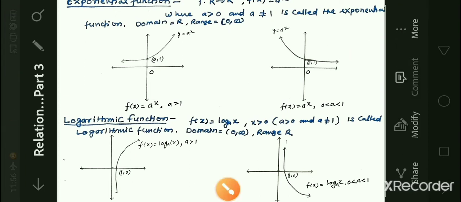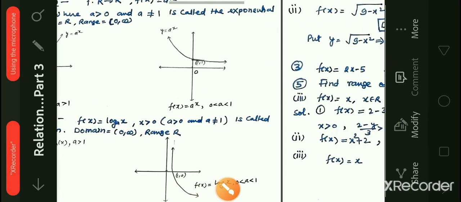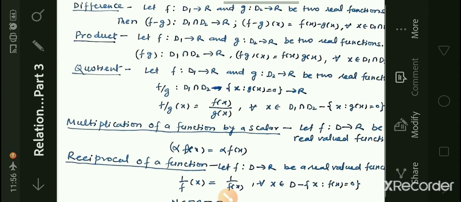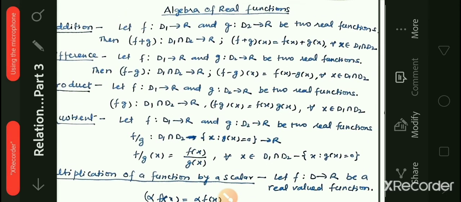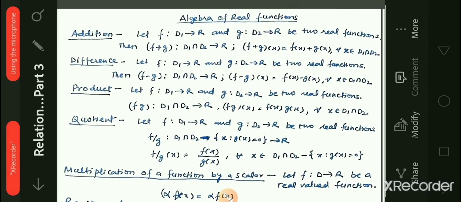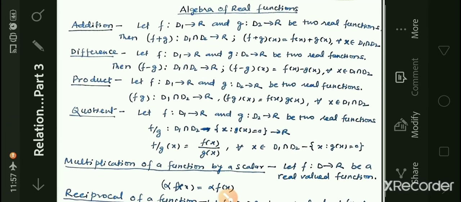Now move to another page, and algebra of real functions. Here we shall discuss addition, difference, product, and quotient of functions. How can we add two functions, under what condition can we add functions?